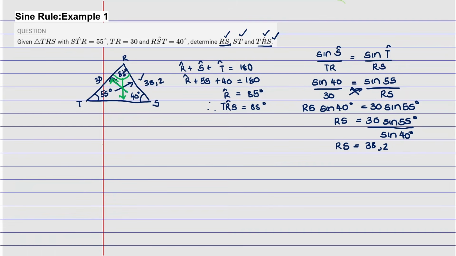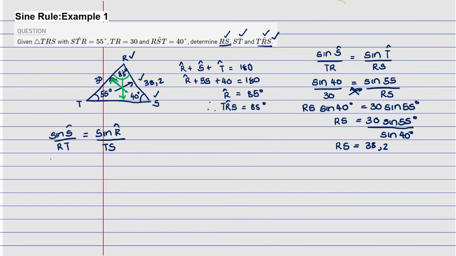So now finding TS. We're going to use sine of R and sine of S. So sine S divided by RT is equal to sine R divided by TS.